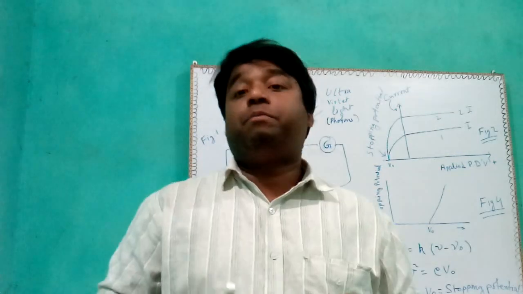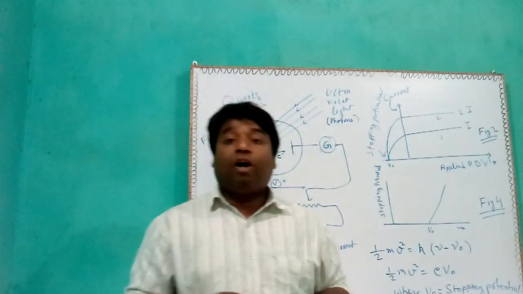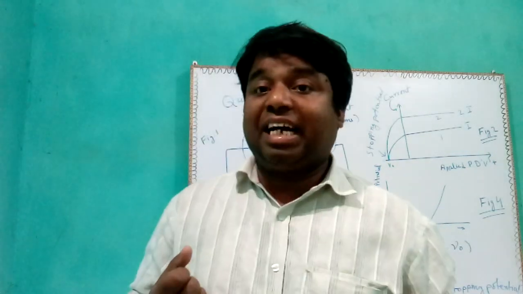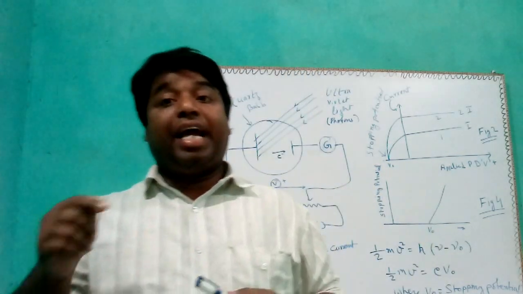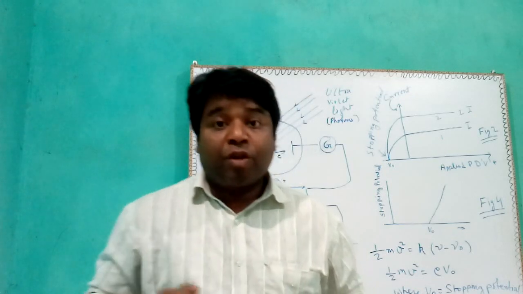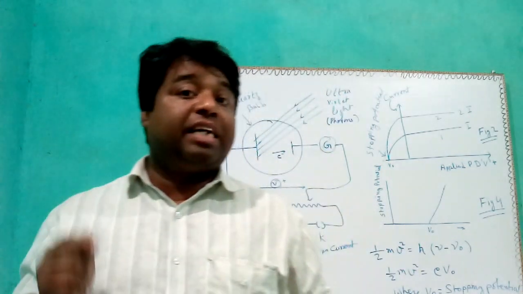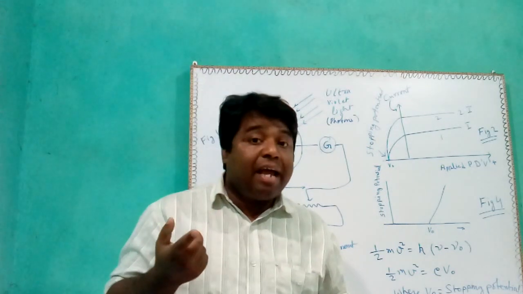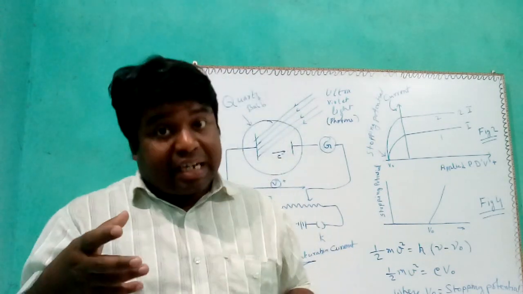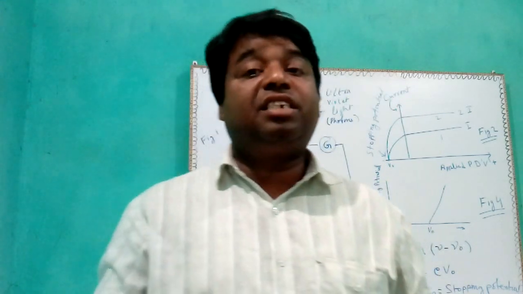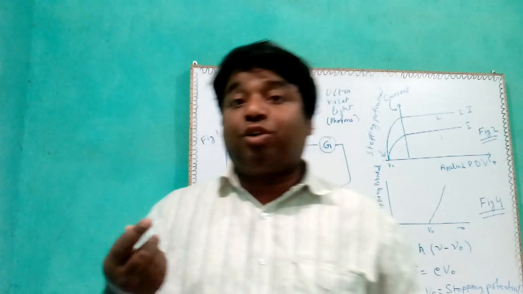Why is it so? Because some of the electrons which are in the K shell are also in the s, d, f groups. Electrons nearer to the nucleus will require high energy. Bigger atoms will require less energy to liberate electrons.